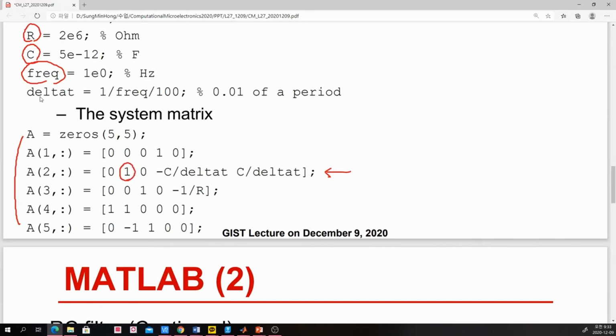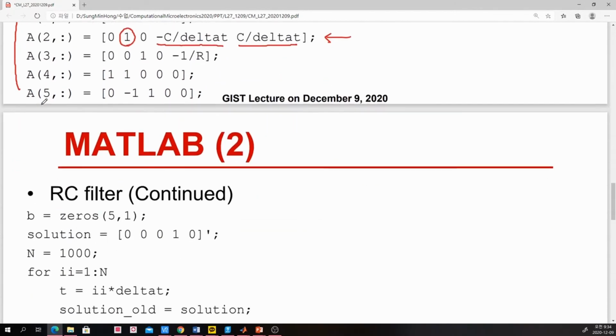This term is really obtained from the steady state Jacobian matrix. However, you can also find this term and this term. These terms are coming from your transient term. So the time derivative term contributes these two terms.